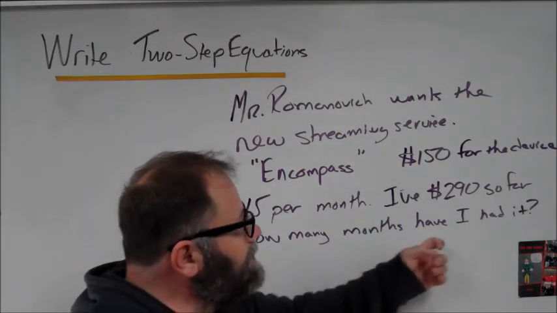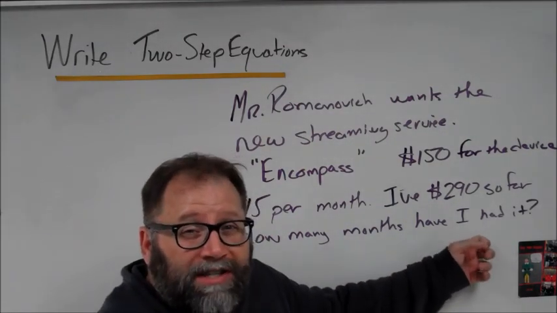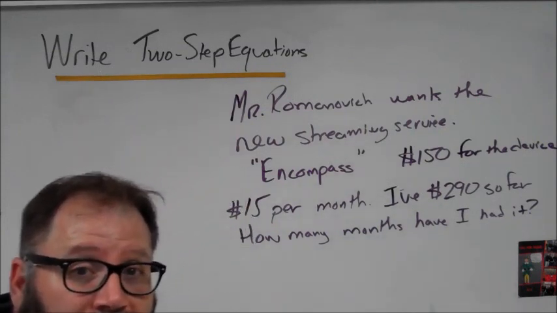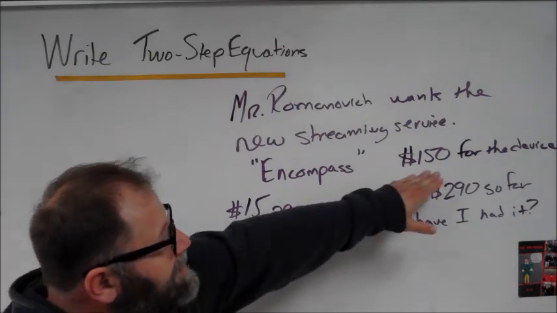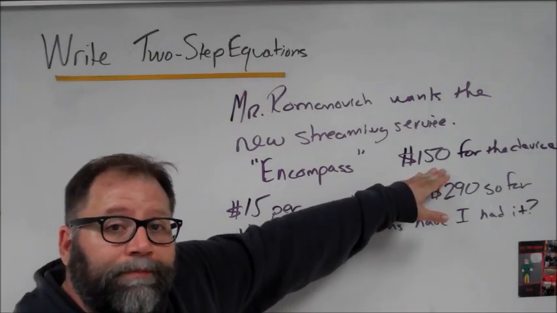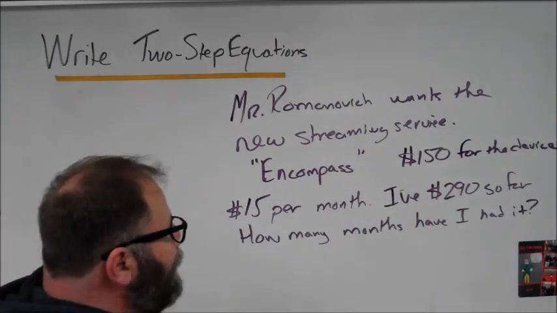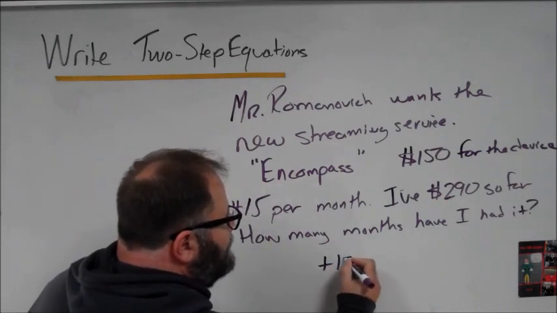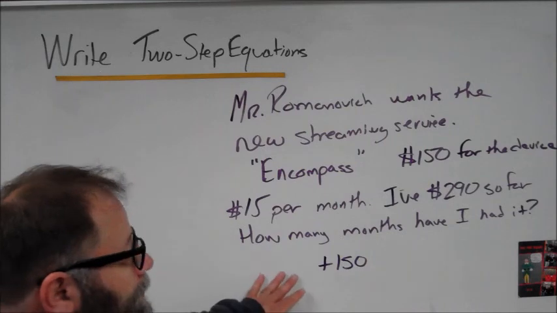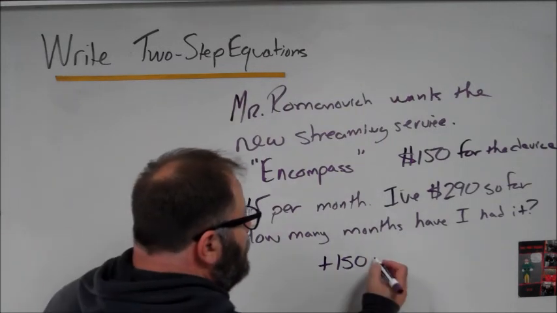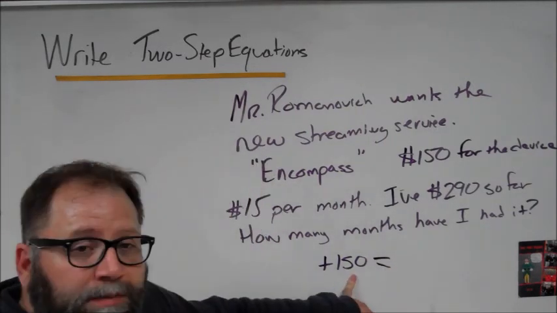So I've spent $240 so far on the service. How long have I had it? How many months have I had it? All right, so let's look back in the problem and see what we've got here. How many times am I going to buy the device? One time. So if I buy the device once, that's my constant. Now I'm going to write this in the way that I like my two-step equations with my variable out front.